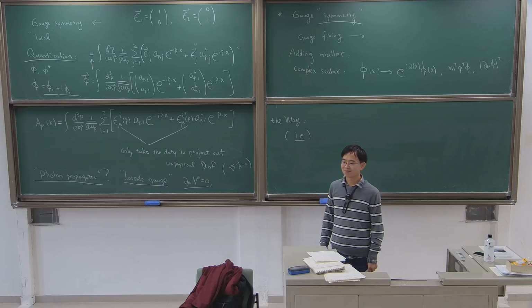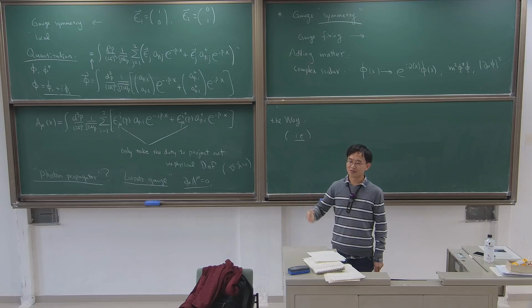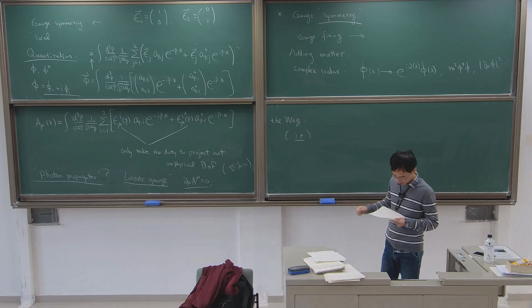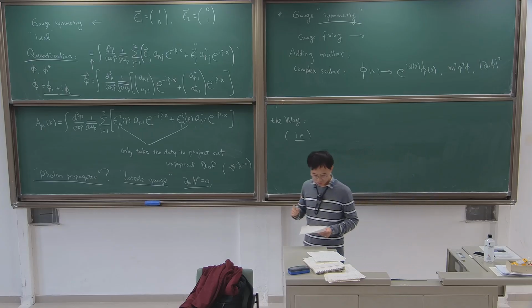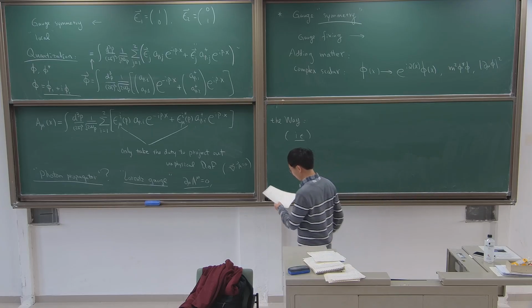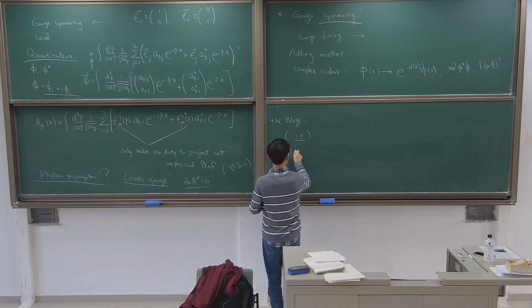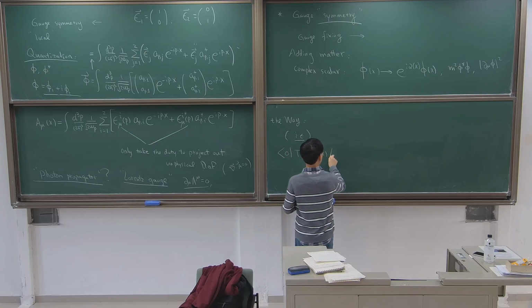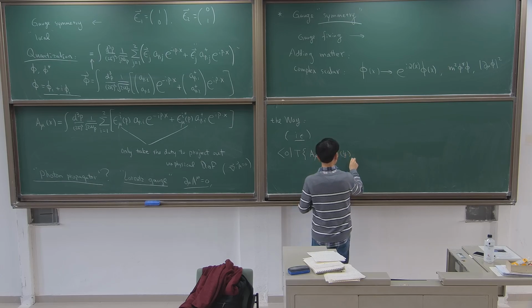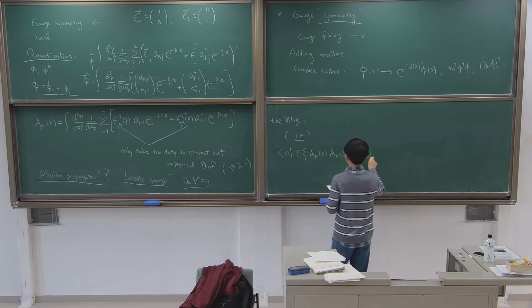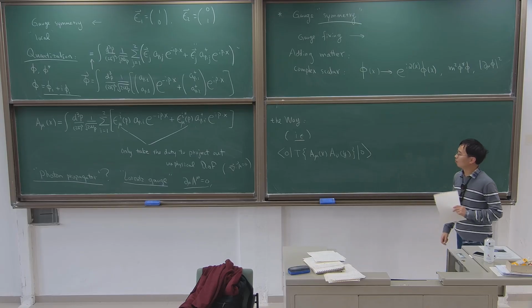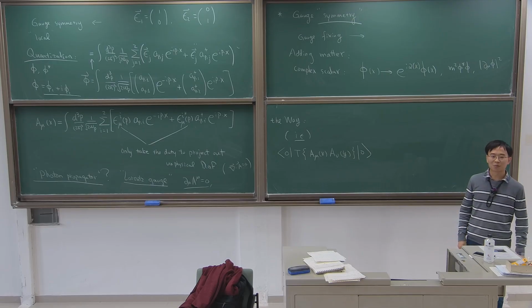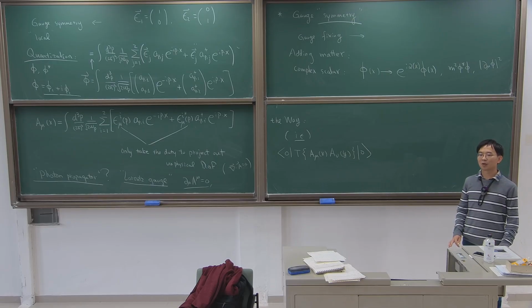I don't want to go back step by step and justify once again. So I think the I epsilon prescription is still okay for the purpose of constructing a time-ordered propagator for the A field. So the job is going to compute such kind of object. I just want to find the propagator without I epsilon and then put the I epsilon by hand.